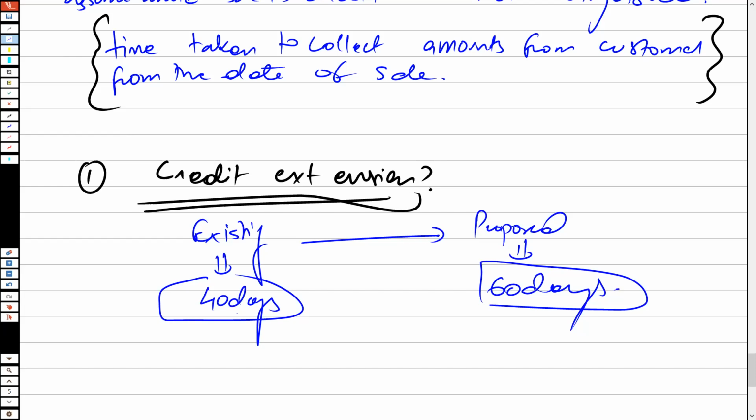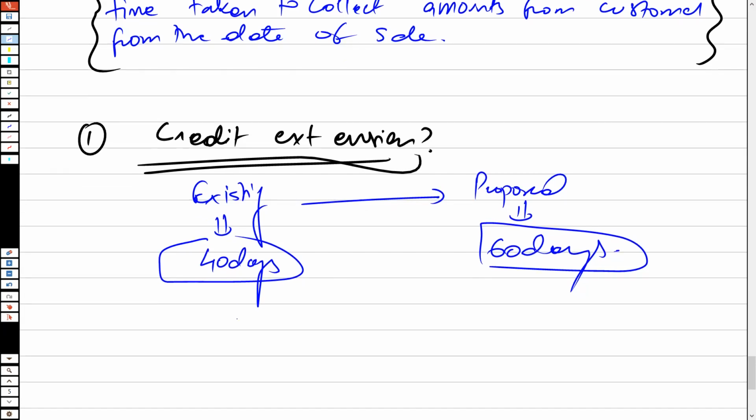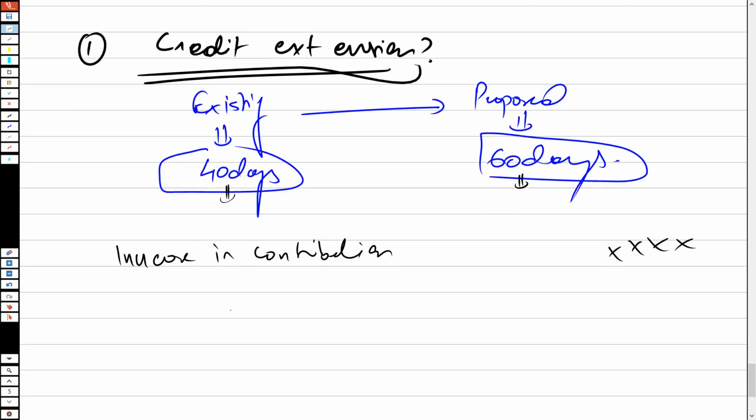There are a few things you would have to do and see. First of all, try to understand this. You would look at the increase in contribution, because obviously when you give more credit, there's an increase in the contribution.